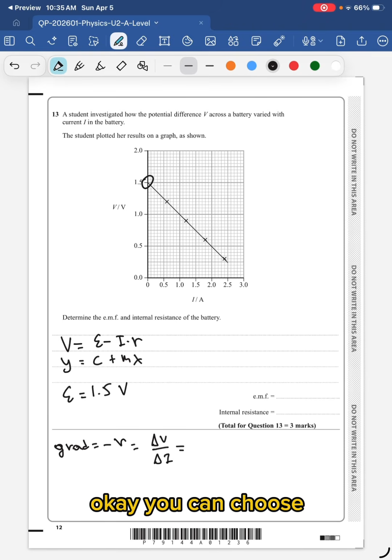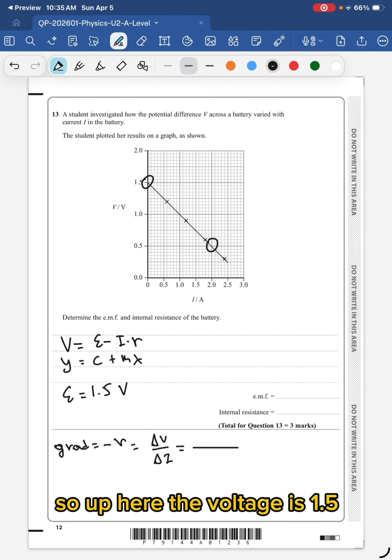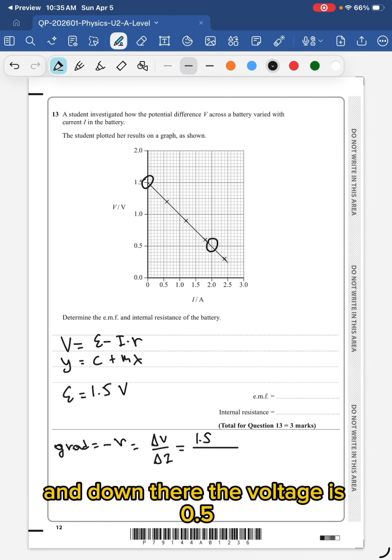Okay. You can choose any 2 points of your liking. I chose the one I circled and this one. Okay, so up here the voltage is 1.5 and down there the voltage is 0.5.